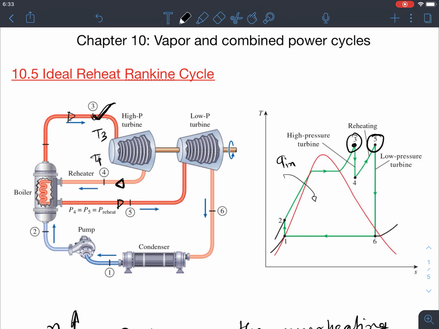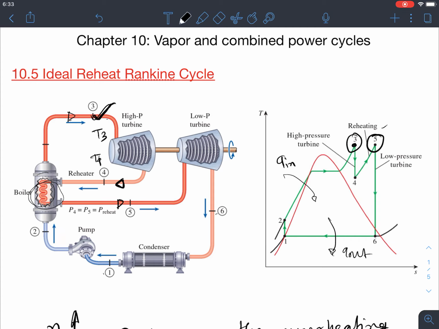And 4 to 5 is this one. Here some Q in is also happening, which we named reheating, and the heat rejection is still the same, the Q out 6 to 1, condenser 6 to 1, right? And this is the work produced, 3 to 4 and 5 to 6, and the work consumption, or the pump work, is from 1 to 2.